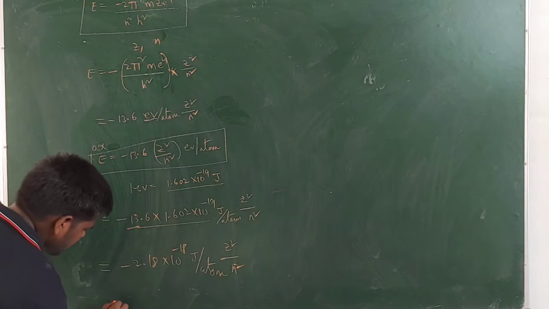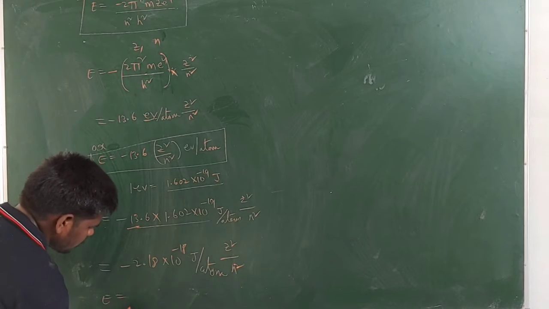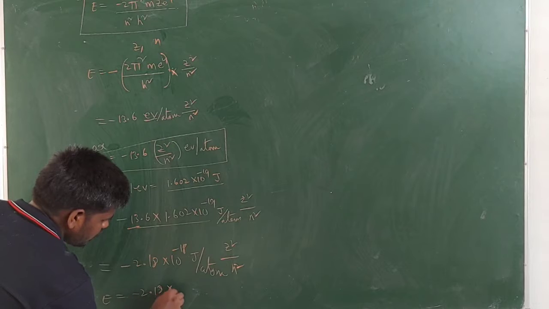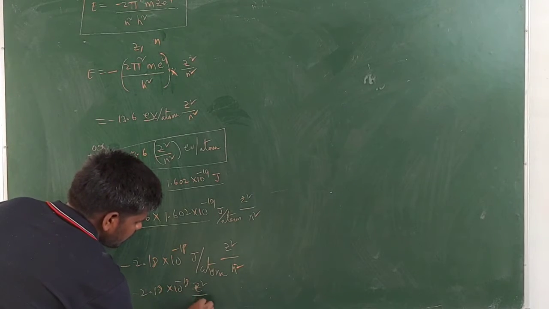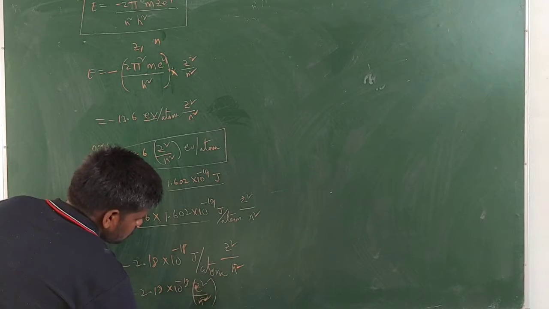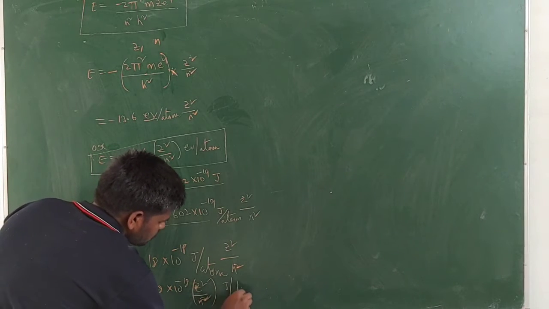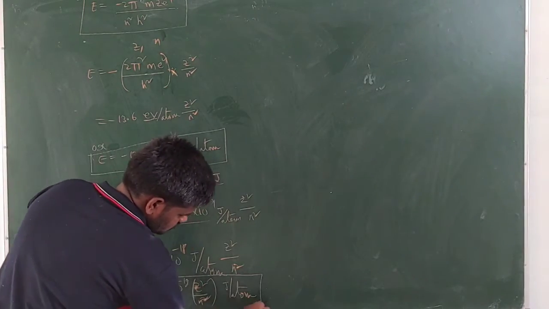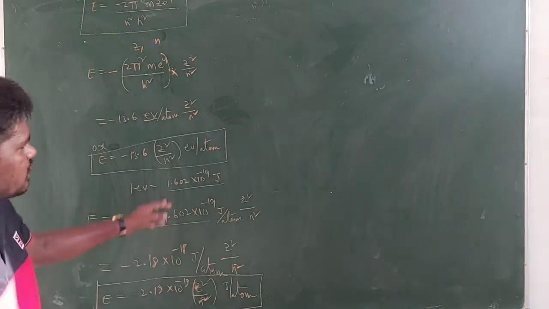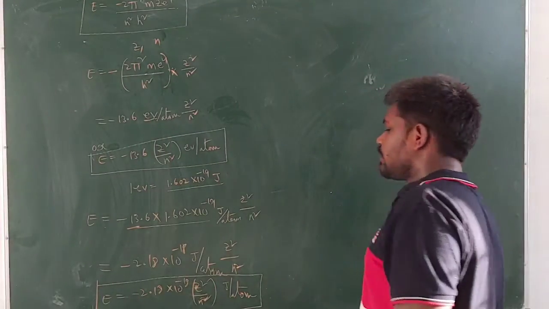So this one you can write simply like this: energy of electron equals minus 2.18 into 10 power minus 18 Z square by n square into joule per atom. This is the energy of electron in joule per atom. This is electron volt per atom and this is joule per atom.